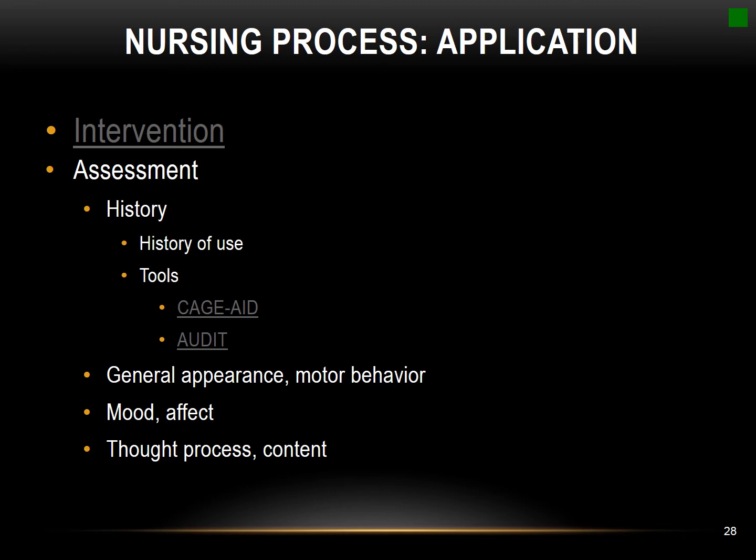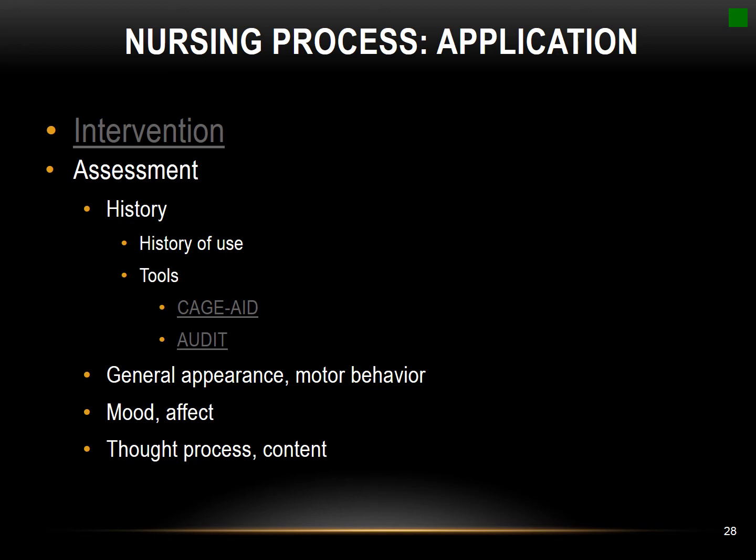So, applying the nursing process in the care of clients with substance abuse. Now, it's important that you understand that denial is the central coping mechanism used by folks with a substance abuse disorder. We're going to use assessment tools to recognize problems in early stages.